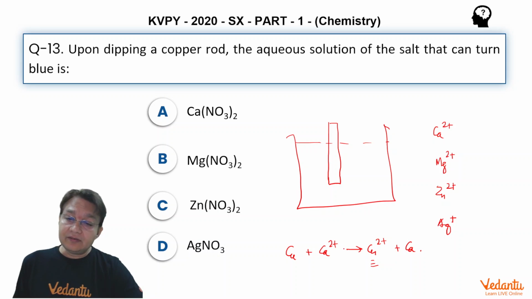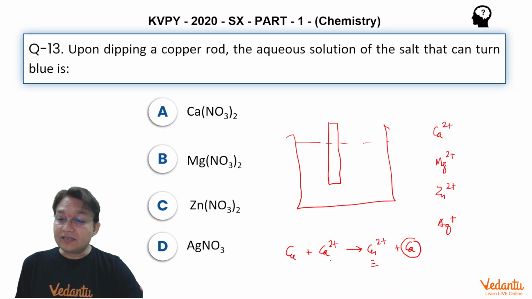This is feasible only if calcium is more prone to reduction, that means it is less reactive than copper, because copper is getting oxidized and calcium, Ca2+, is getting reduced.